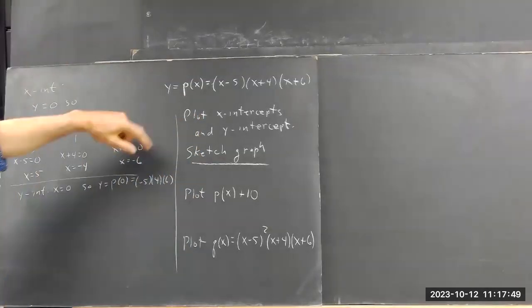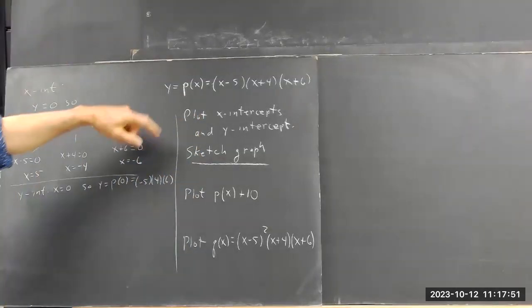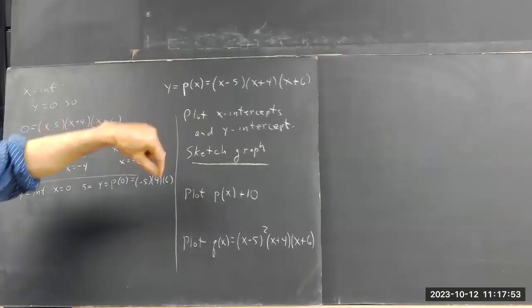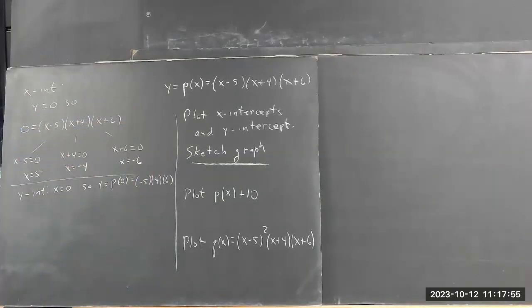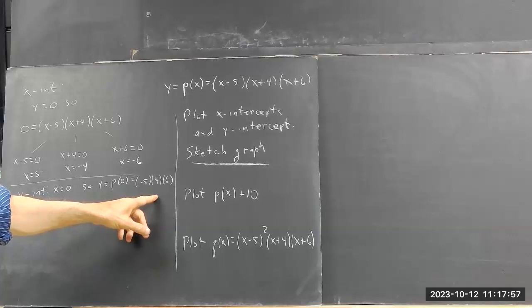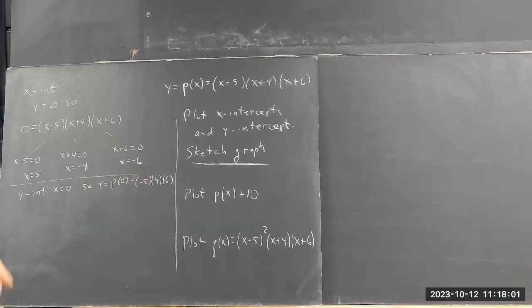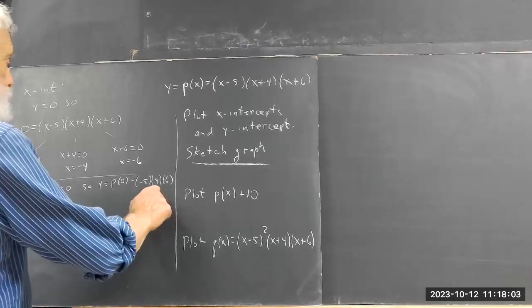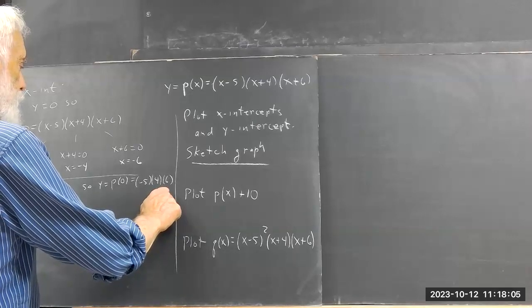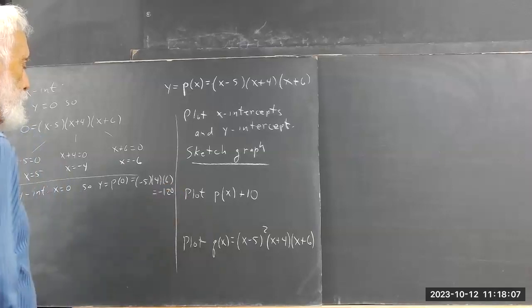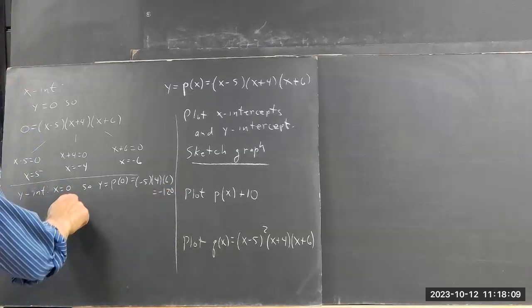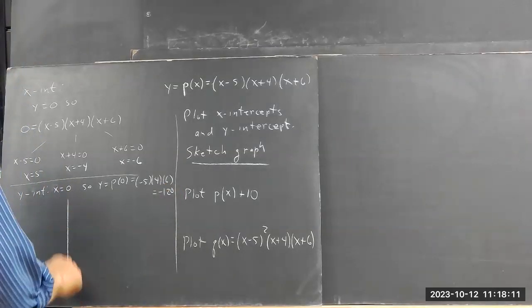I probably want to put the substitution step: 0 minus 5, 0 plus 4, 0 plus 6. So there's a step I've skipped that you really ought to include, just again to reinforce it. And that equals -120. And now we can sketch a graph.